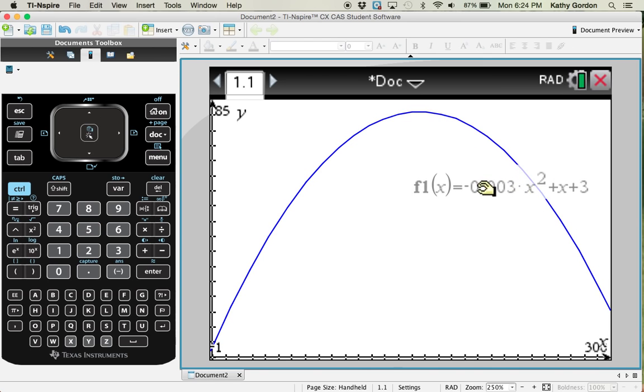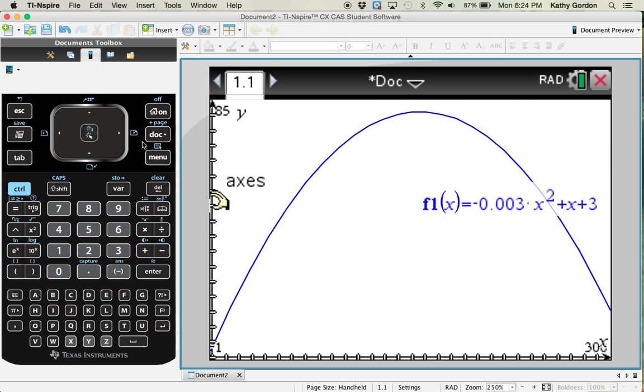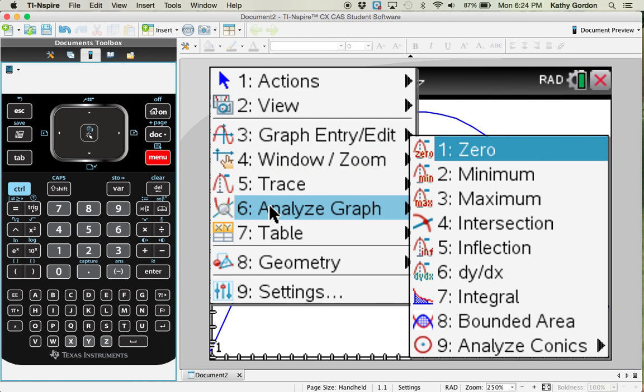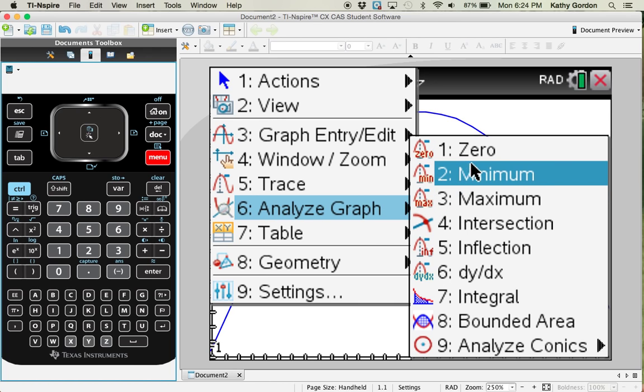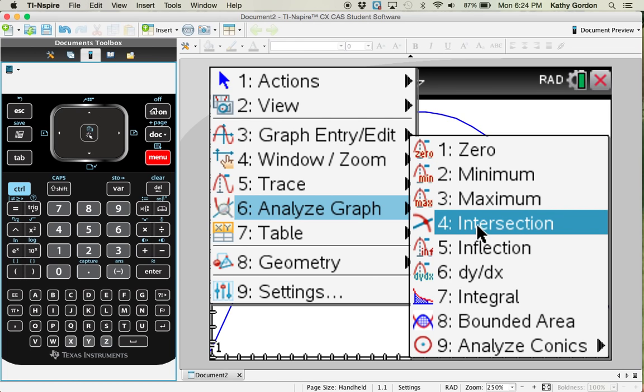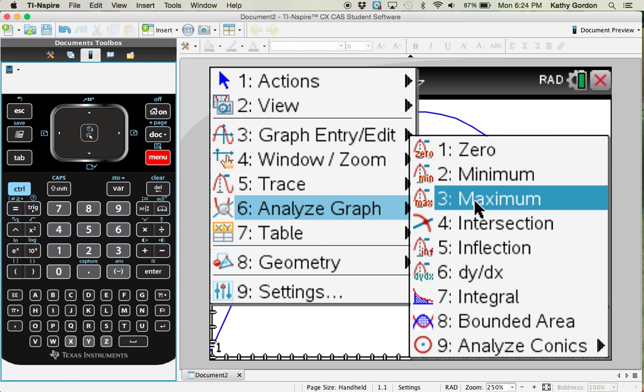And so now I can go to my menu and I can choose to analyze the graph. And notice that I have choices like zero, minimum, maximum, intersection. Well, if I want the vertex on a parabola that opens down, I want the maximum point.